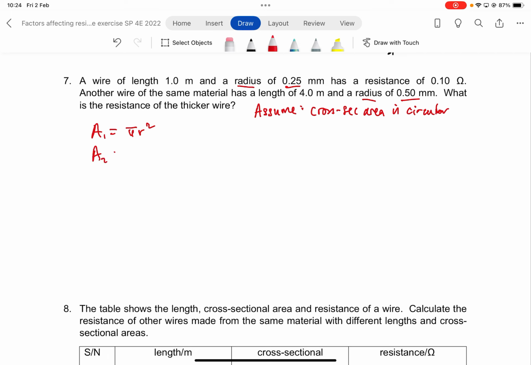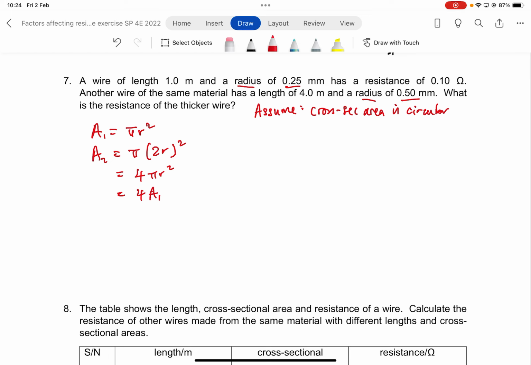A2 is equal to pi times 2 times the radius, squared. We get 4 pi r squared. In other words, it is 4 times area 1.